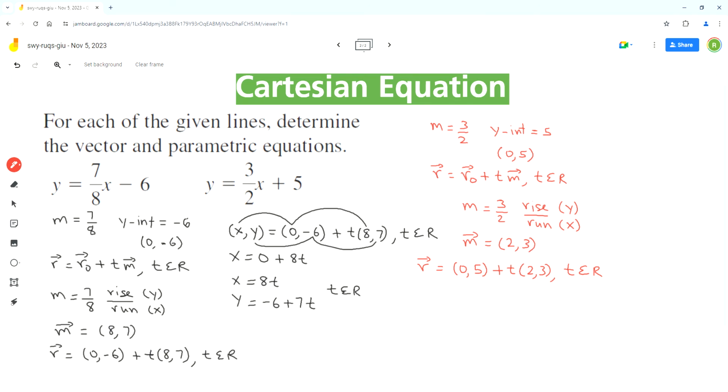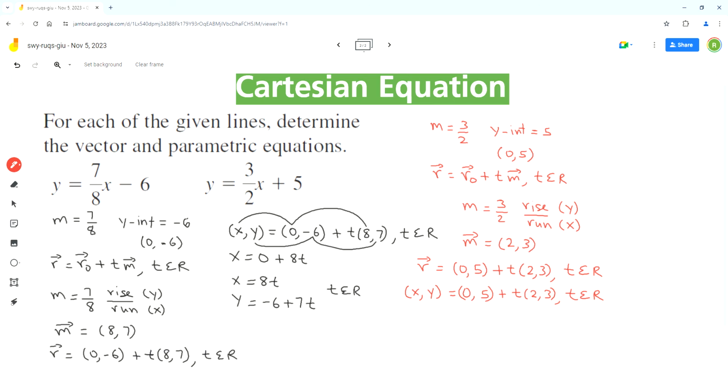Now we can write the parametric equations. So we'll use the point x, y for the position vector r. Now we can break up this vector equation into x and y equations.